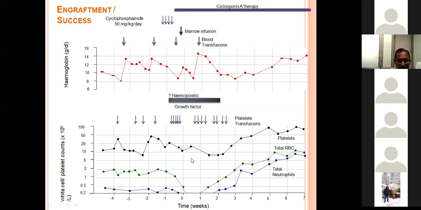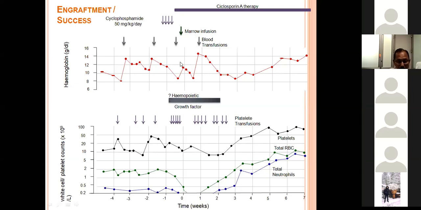This slide, इसकी डिटेल में ना जाएं, just focus here. This is the day 0. This is the day where marrow is infused. This is the bone marrow transplant. So this red line shows the hemoglobin.